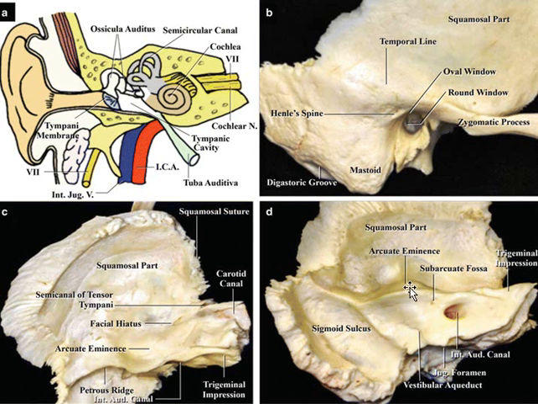This is the arcuate eminence, thin bone overlying the superior semicircular canal of the internal ear.